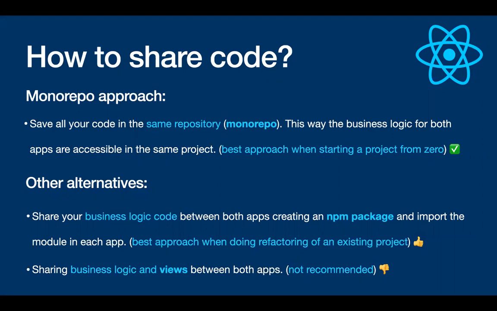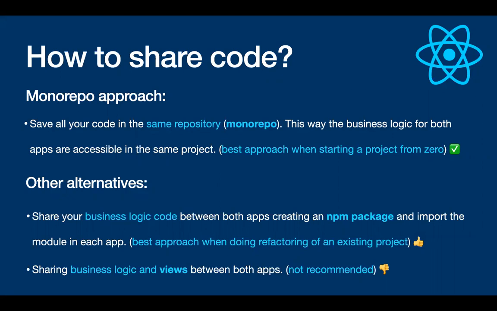React Native uses JSX with some specific tags for React Native, and React uses JSX with plain HTML. So even though there are many libraries that enable us to share the view code for both apps, so that we have to write it only once and it will work in React and in React Native.